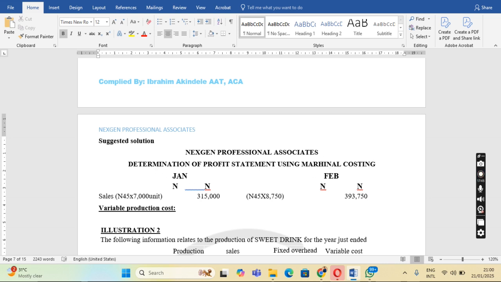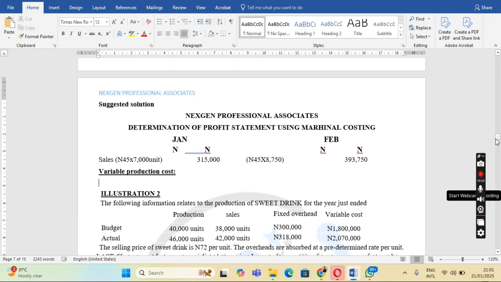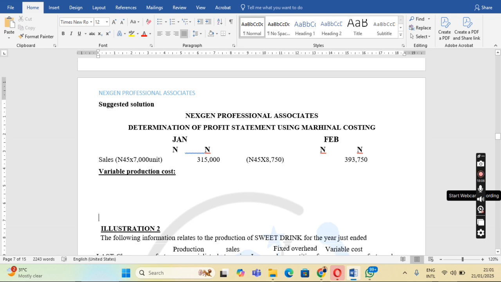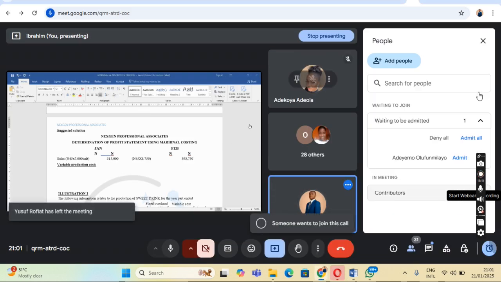Please, these are just little things that give marks in the exam. Your presentation is very important. Now, we have the variable costs that they actually incur into the production.